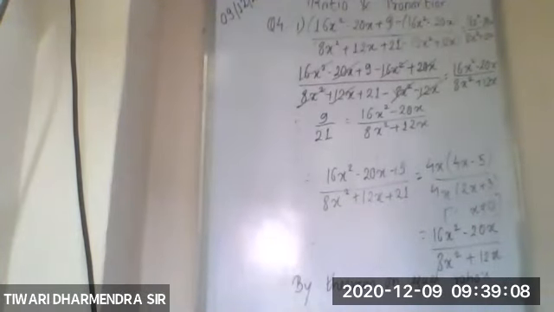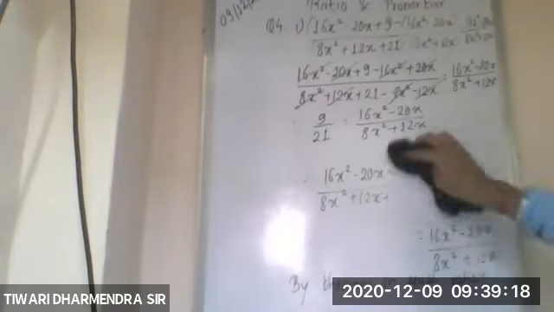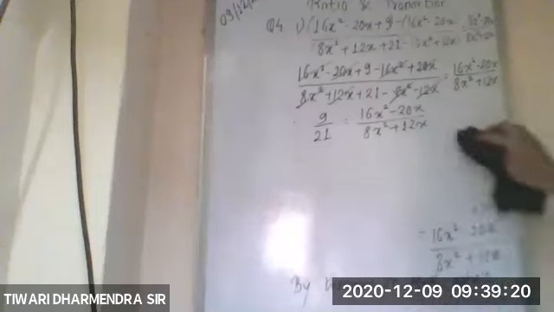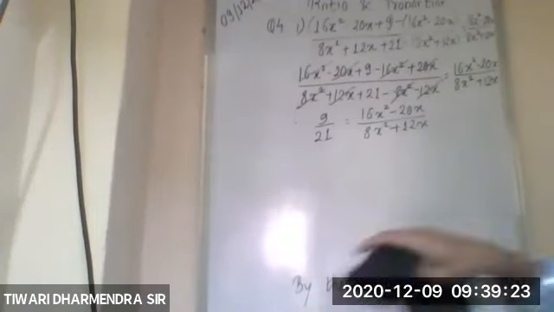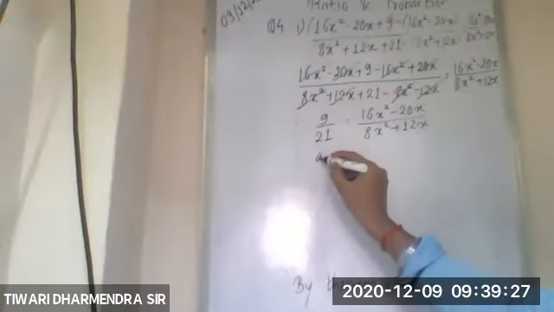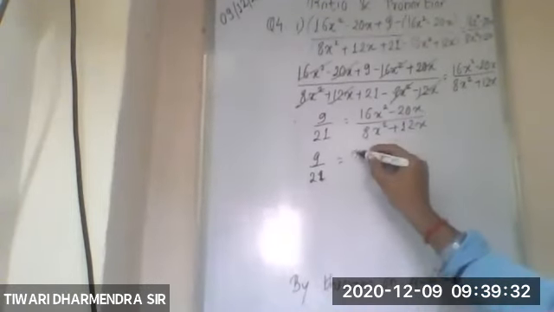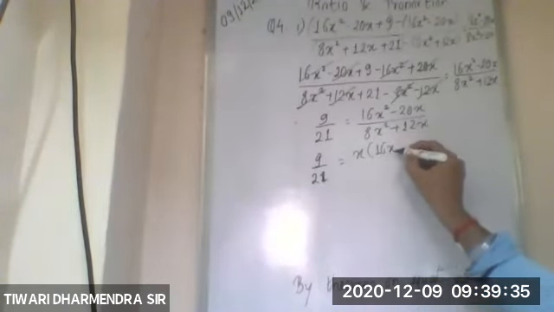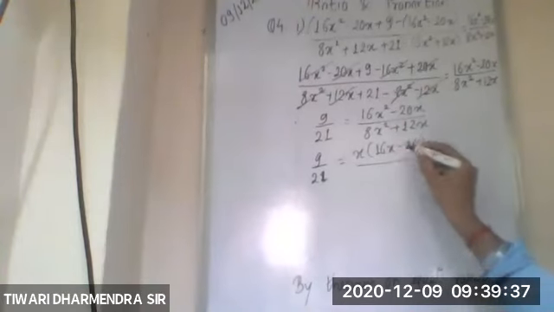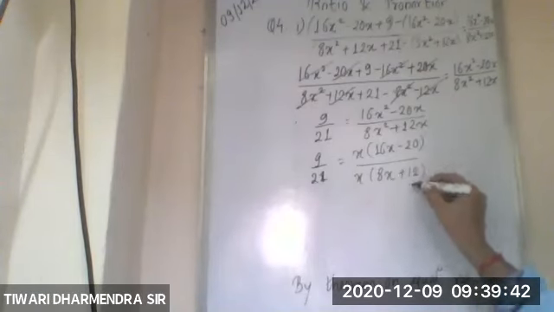Since we have x in common, we can take x common and cancel it and proceed. Let's see how we get that. So 9 upon 21 is equal to, taking x common, x into 16x minus 20 upon x into 8x plus 12.